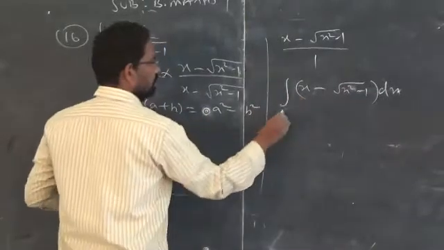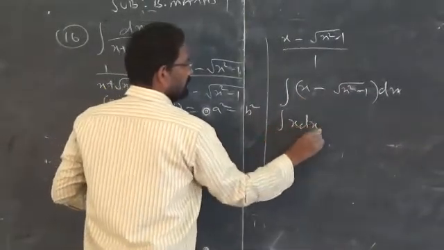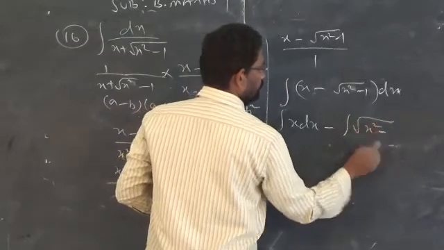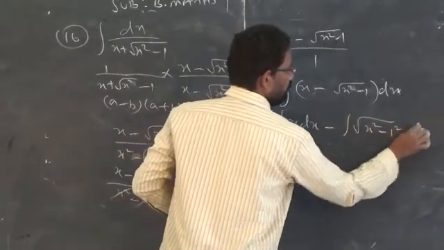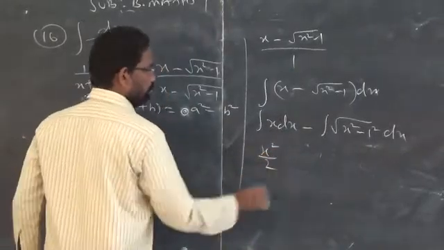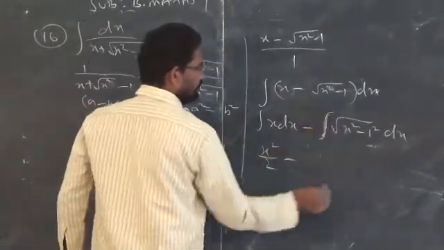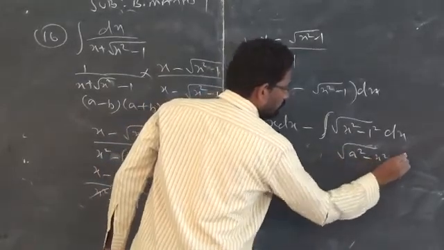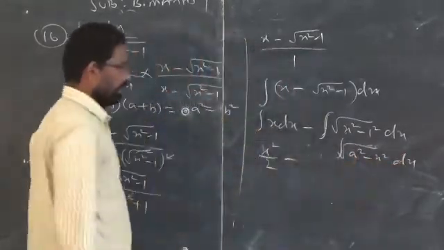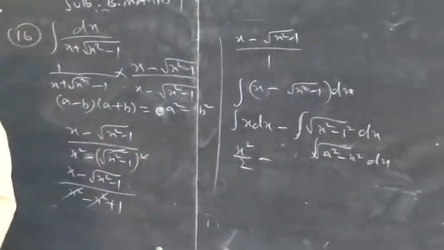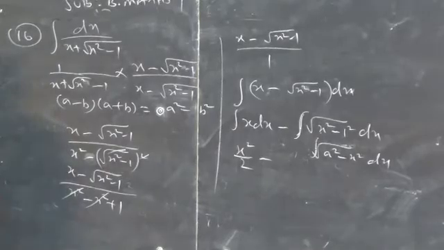You take dx inside the bracket, x into dx, separate the integration. The square root of x square minus 1 can be written as... so this will become x square by 2. What about this one? This is just like the square root of a square minus x square into dx formula. Again refer to page number 59.